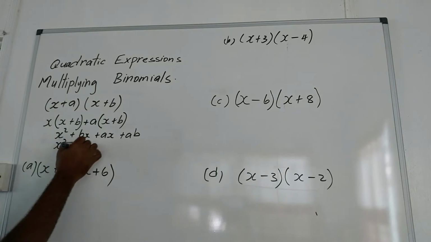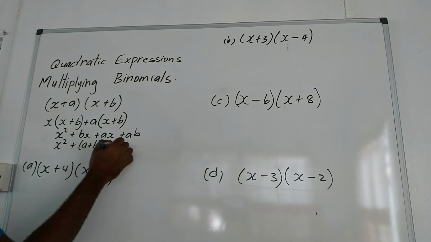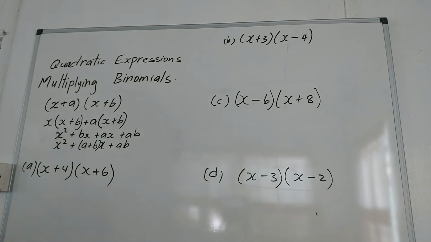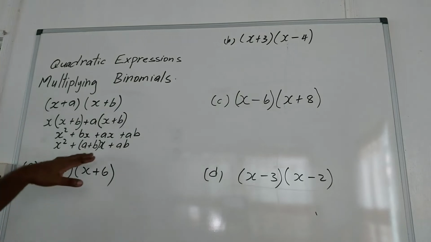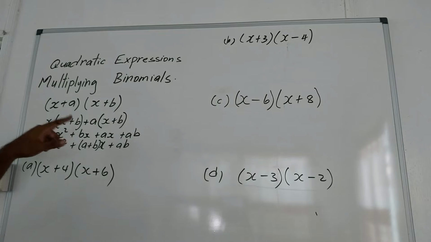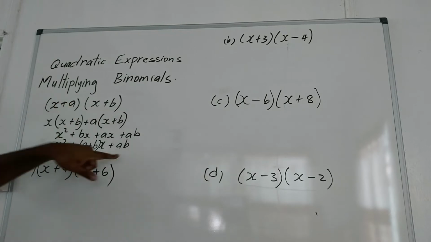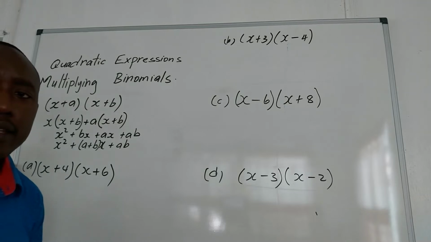So we'll have a plus b times x, plus our ab. So when we are working with a binomial expression, we notice that our second term is the sum of a and b, once it's written like this, and the last term is the product of a and b.